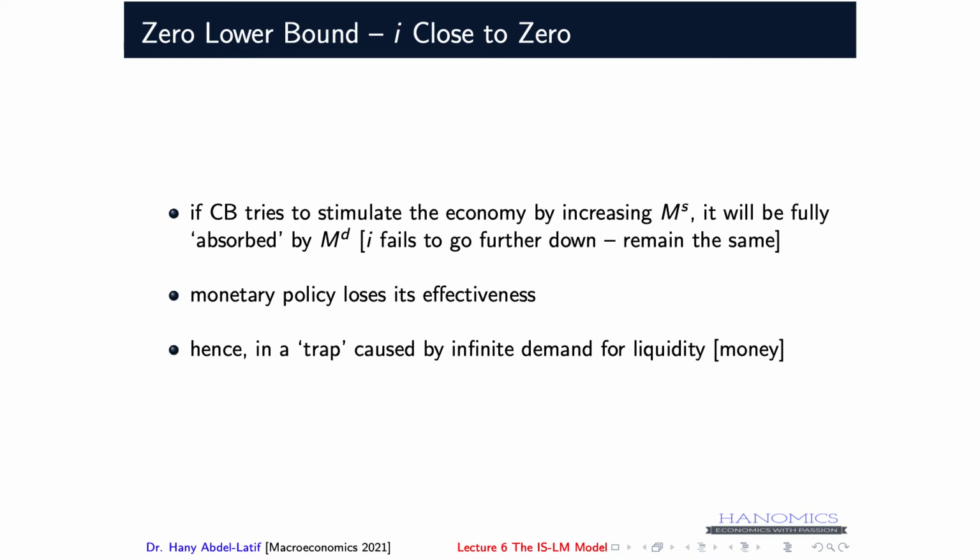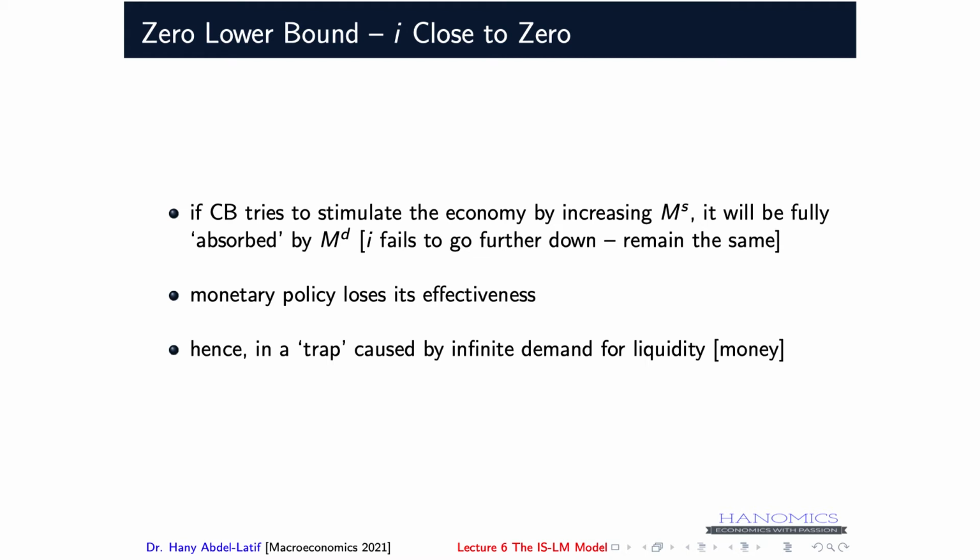The interest rate here would actually remain the same, because if we believe in the zero lower bound, meaning that the interest rate cannot go below zero, then any increase in money supply will be fully absorbed by demand for money.